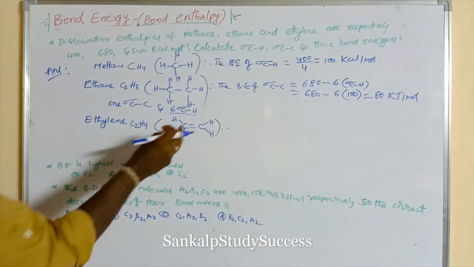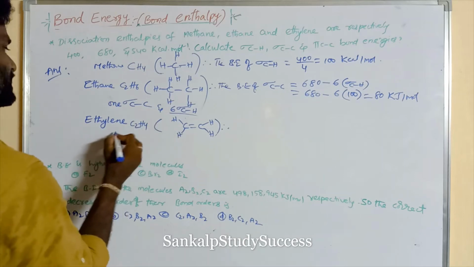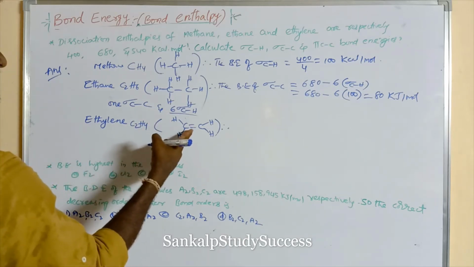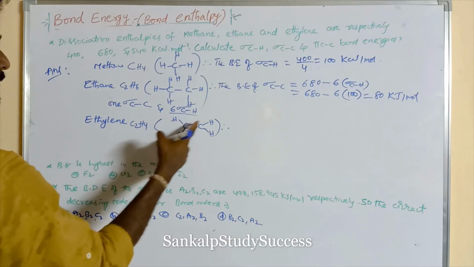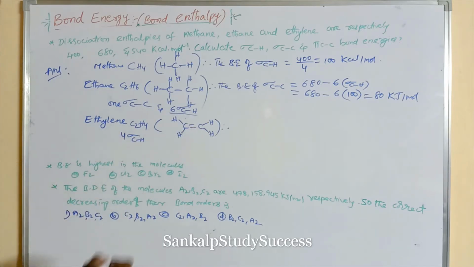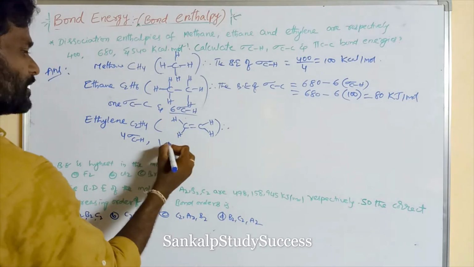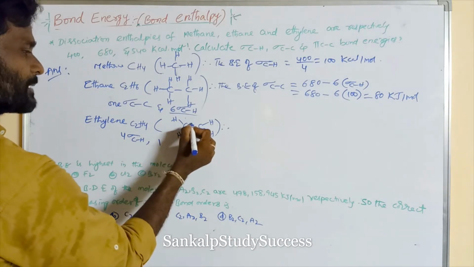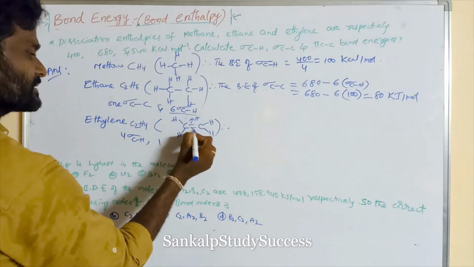How many C-H bonds does it contain? 1, 2, 3, 4. So 4 sigma C-H bonds and 1 sigma bond. This is the sigma bond, this is the pi bond.